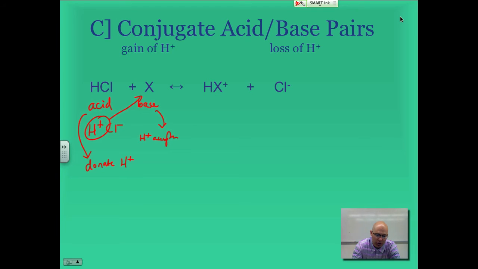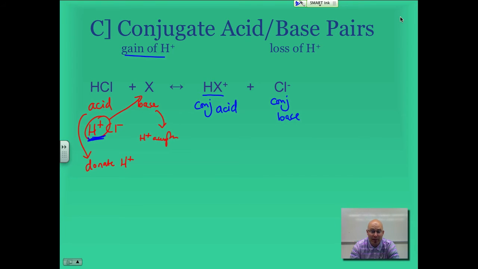So if that H plus gets donated to the X, we now have HX. Notice that X did not have an H initially, but now it does, so we can call it our conjugate acid. The conjugate acid is the one that gains the H. The Cl in this case is the conjugate base.